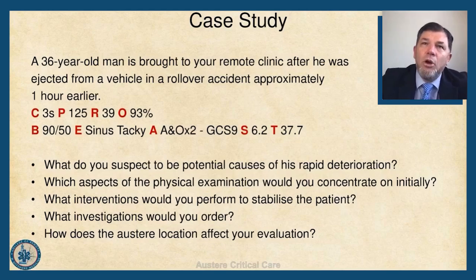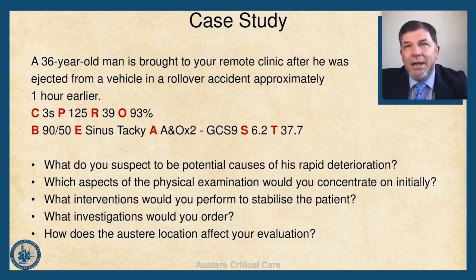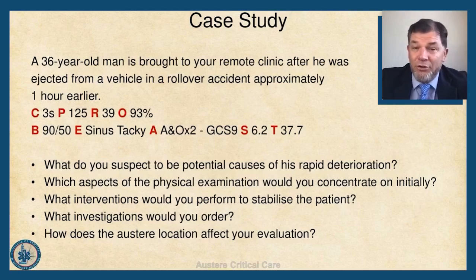Alert status, we use GCS, but I like ANO times 4 better. So ANO is alert and oriented times 4. There are four questions you're asking the casualty: person, place, time, and event, and which of those four things they can remember is going to give them their alert status.